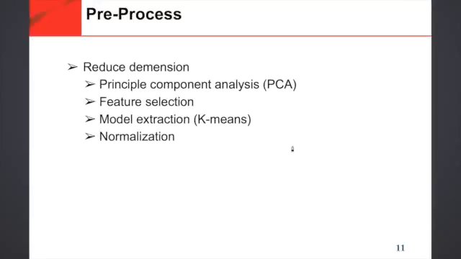I tried to use information gain to select 21 features out of 42 features. We can also use model extraction, which I chose in some of the methods, to extract a template or a model for each type of attack.